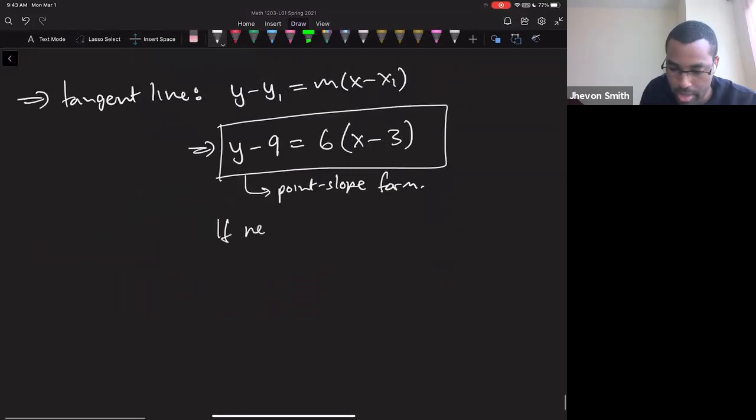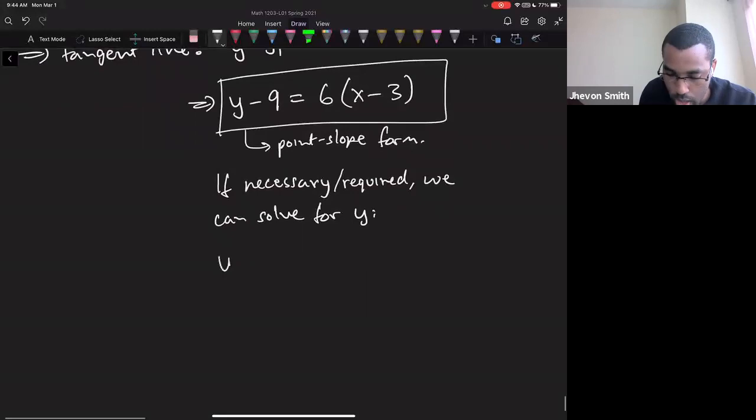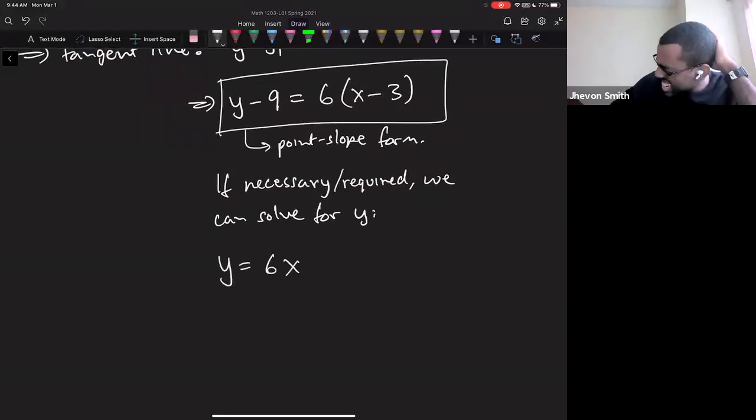If required, you can solve for y. So y is equal to 6x, 6 times 3 is 18, so minus 18 plus 9, it would be minus 9.